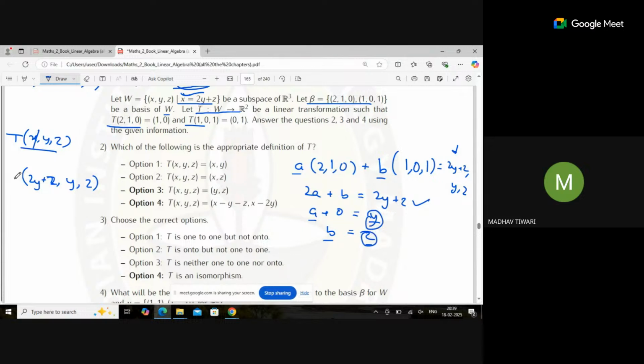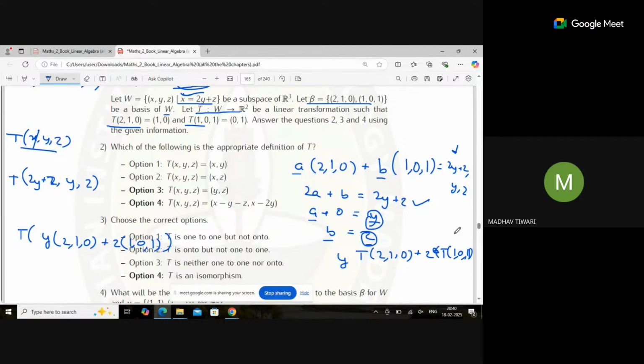So I can write that the transformation of this will be the same as the transformation of y times (2, 1, 0) plus z times (1, 0, 1). If I apply the transformation now, it is the same as y times the transformation of (2, 1, 0) plus z times the transformation of (1, 0, 1).